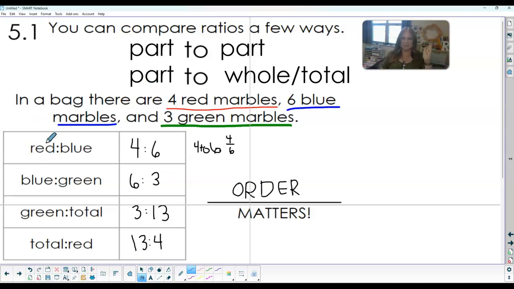You have to put what was listed first, and what was listed second. If it wants the total, put them all together, even the one you're looking at, the green. I have green marbles, and they have to be included in the total. They're not separate. They're part of the group and they're green. So make sure you're going in order. That order matters.